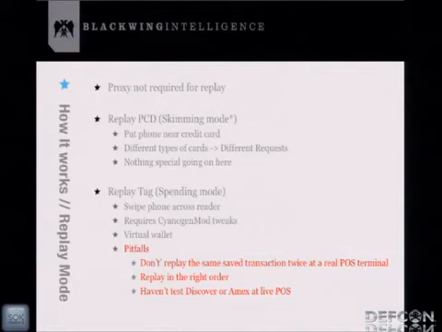So if you're skimming credit cards, you need to replay them in the order in which they were scanned. Personally, I've tested the replay of credit cards at live point-of-sale terminals. I've tested Visa and MasterCard. I haven't tested Discover or Amex, but I think they should work.